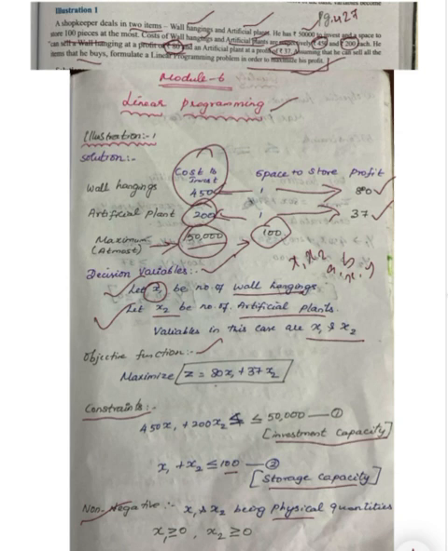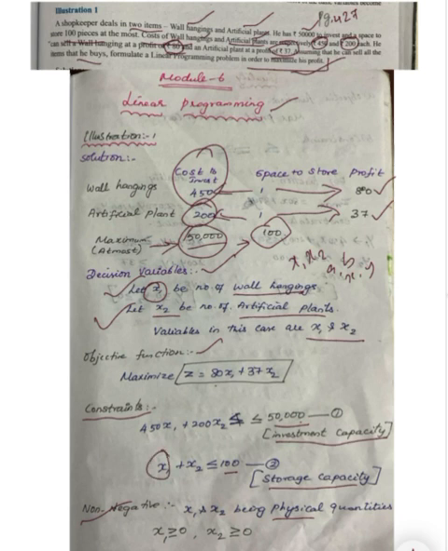So up to means less than or equal to. 450 rupees cost, 450 rupees x1, number of wall hangings x1, plus 200 rupees x2, less than or equal to 50,000. Up to 50,000 only he can invest. So the amount should be less than or equal to 50,000. That is the investment capacity.